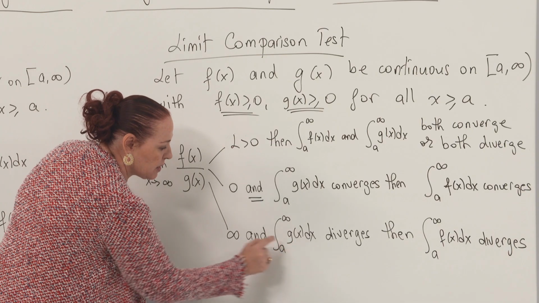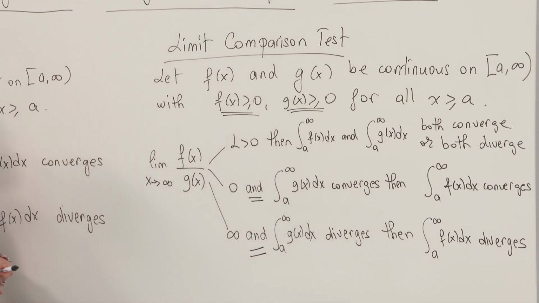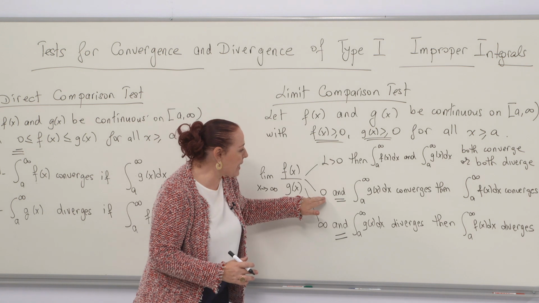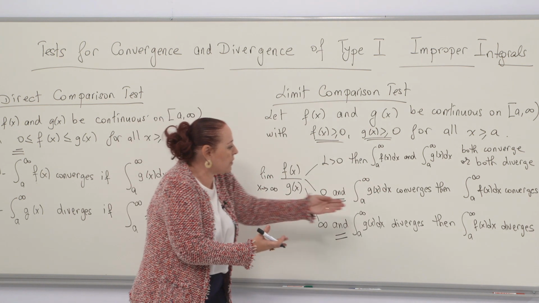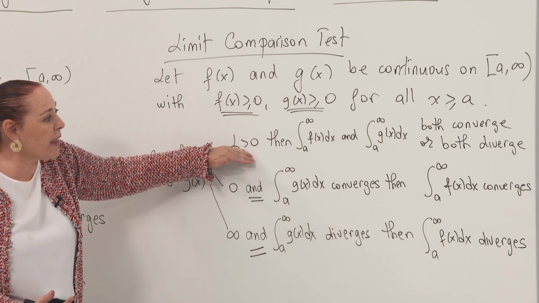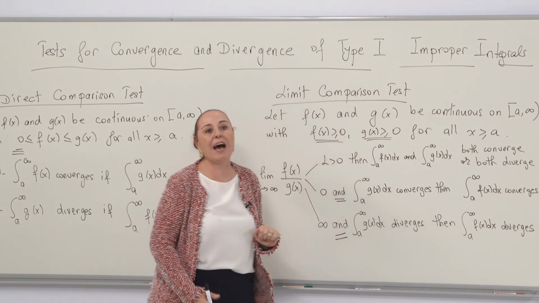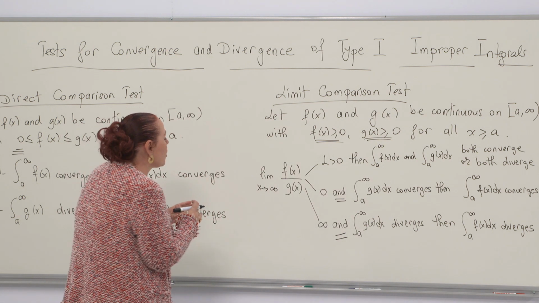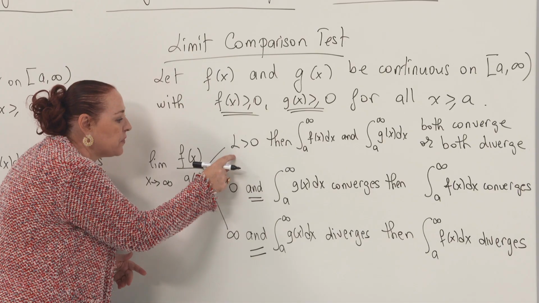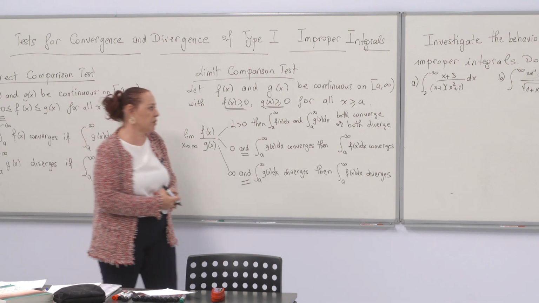If this is infinity and this is convergent, the test is not going to work. It's like 0 is hand in hand with convergence, infinity is hand in hand with divergence. If you have a number, then you are very lucky because they have the same behavior. So our ultimate goal is always to have a number for the limit, because if you have 0 or infinity, you have an extra condition.